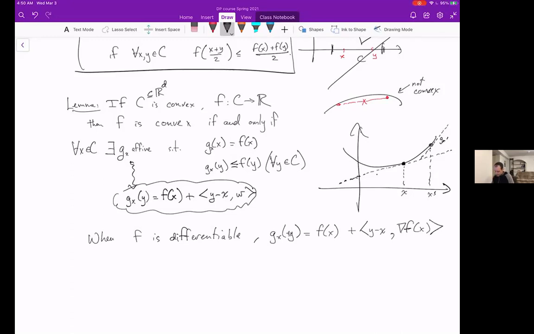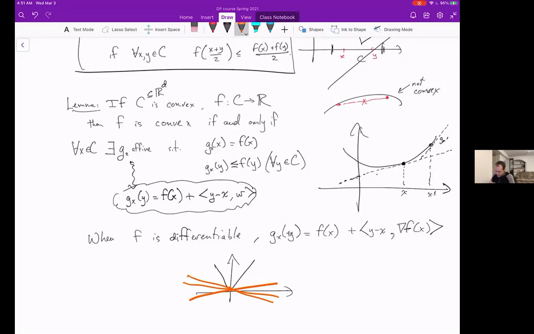But this makes sense even when f is not differentiable. For example, for the absolute value function, which is not differentiable at the origin, I can find several affine functions that have the right property: you can glue them right up against the function at that point, and they'll provide a lower bound.